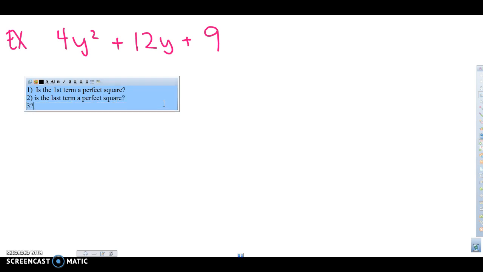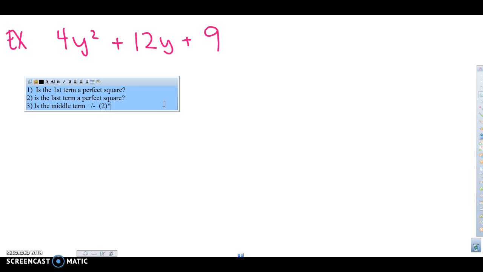And finally, I'm going to ask if the middle term is either plus or minus 2 times the square roots of the first and last term.